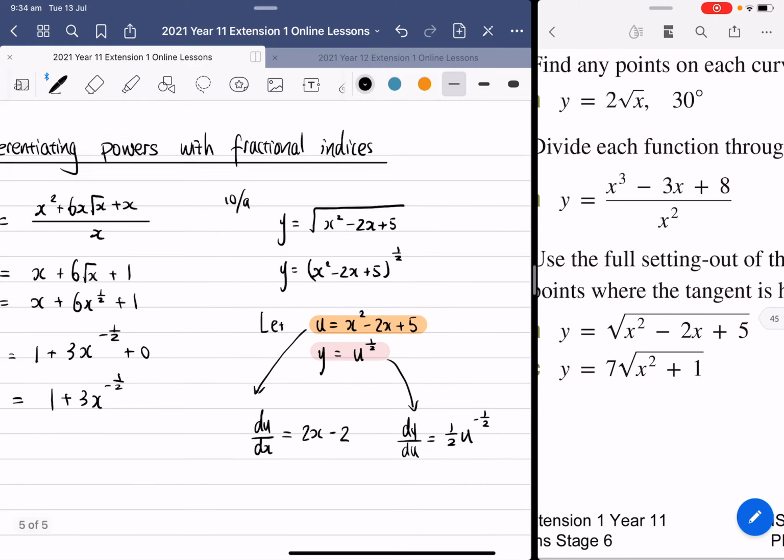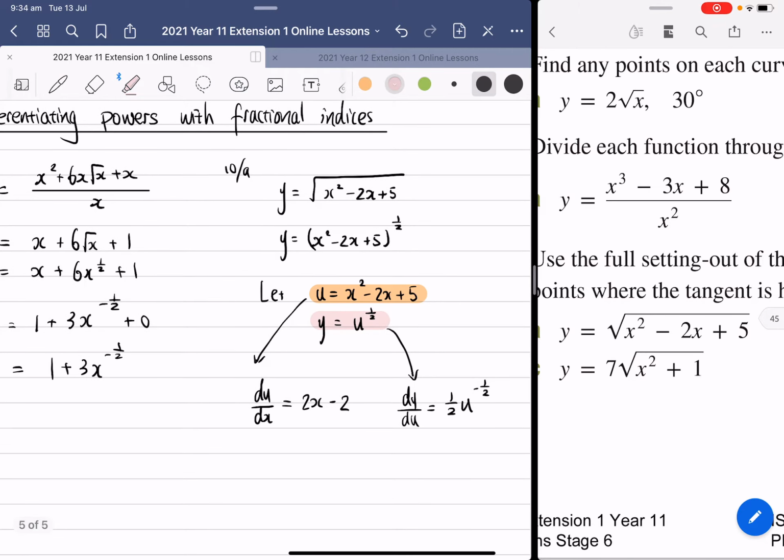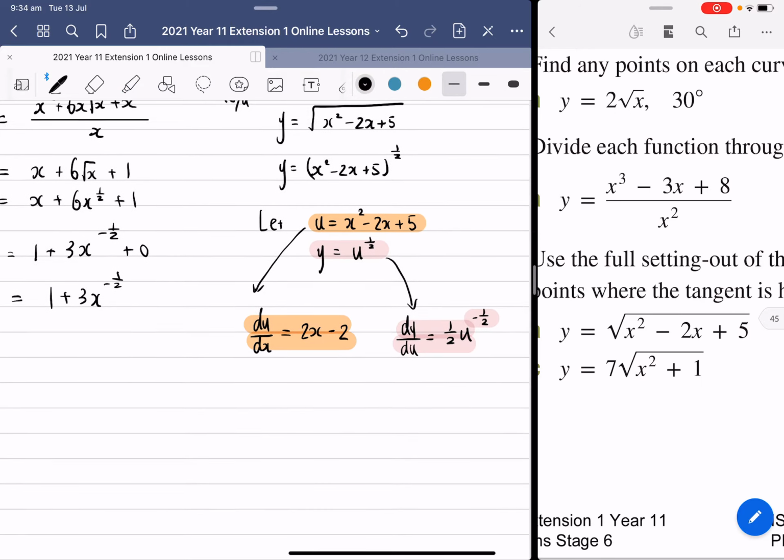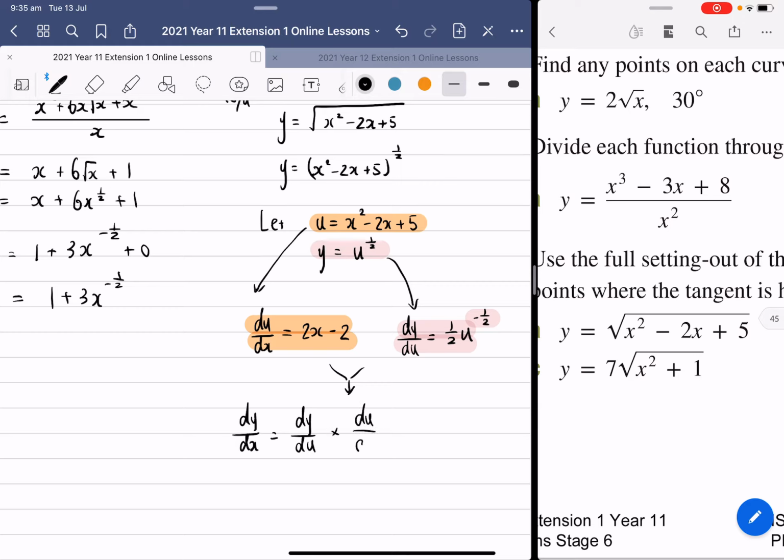Now what we need to do is find a way to combine the two derivatives together to find dy over dx. If we combine them together, we know from the chain rule that dy over dx is equal to dy over du times du over dx.